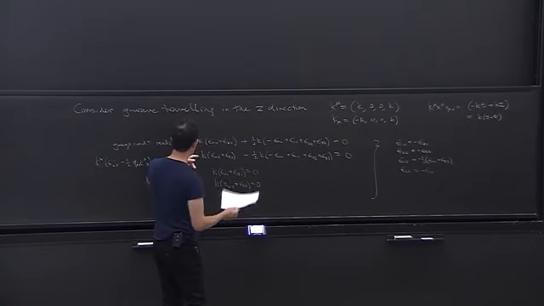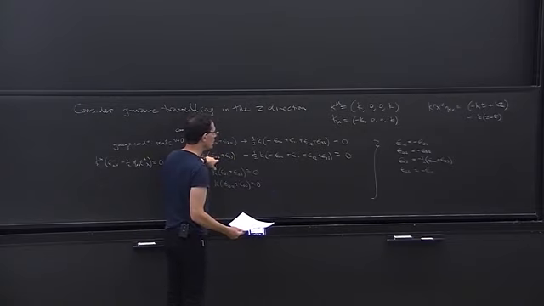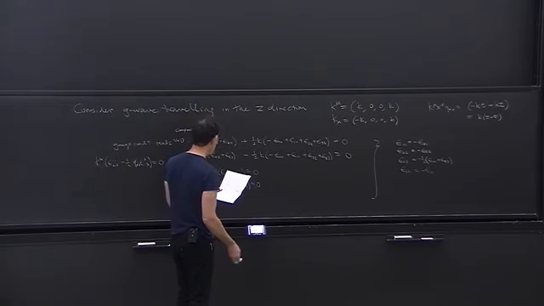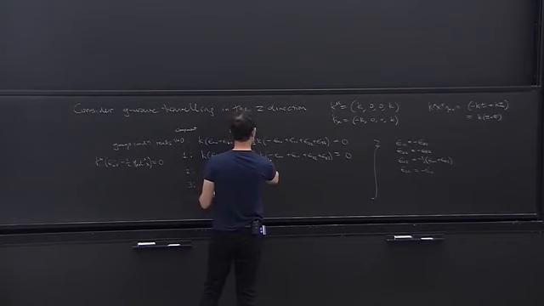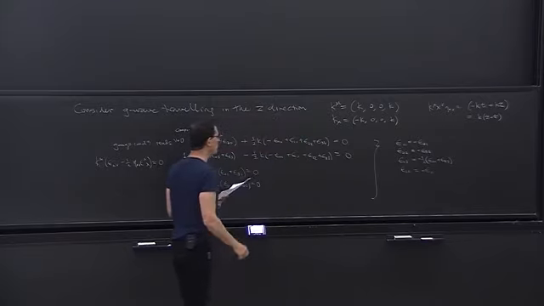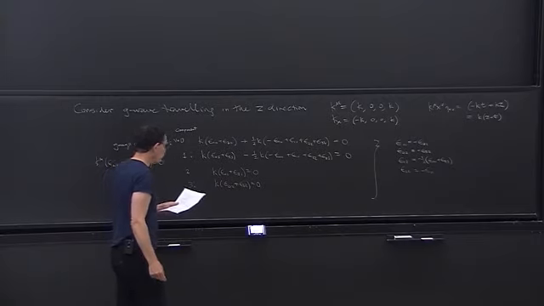So I guess the third equation I get by adding these. And then the last equation I get by subtracting them and then using that equation. And I'll get that the sum of ε_11 and ε_22 has to be 0.